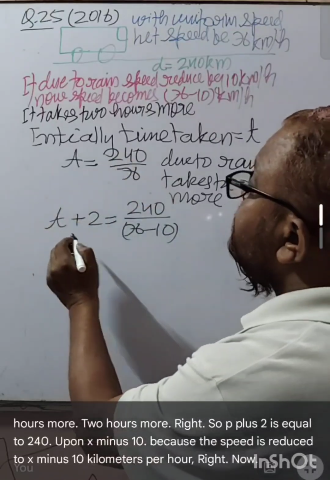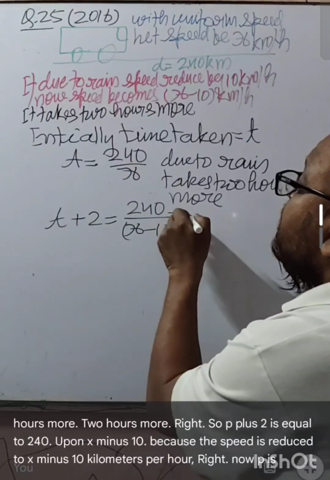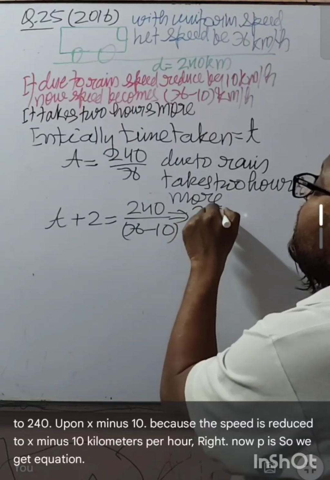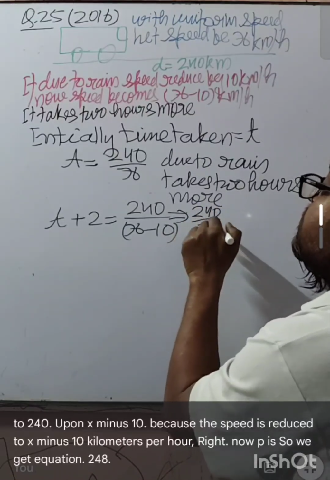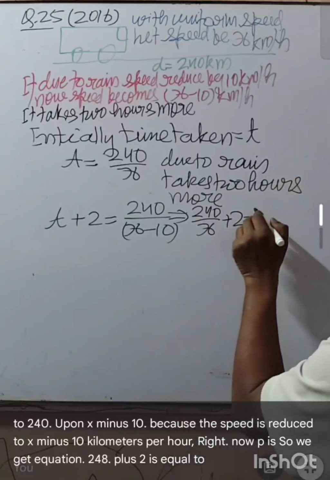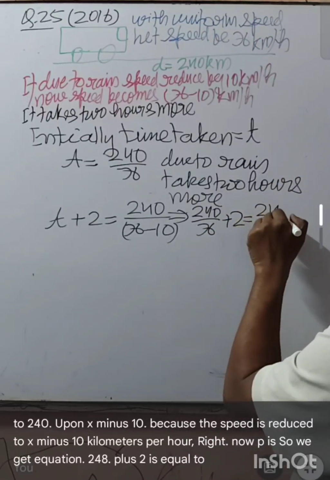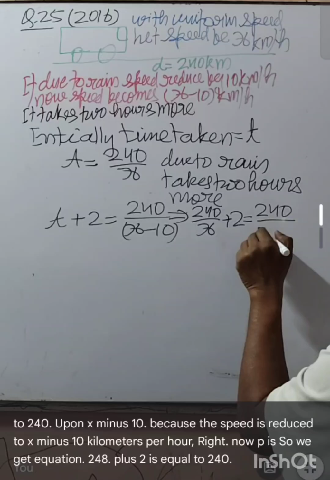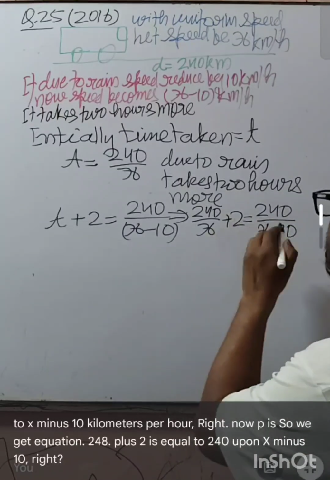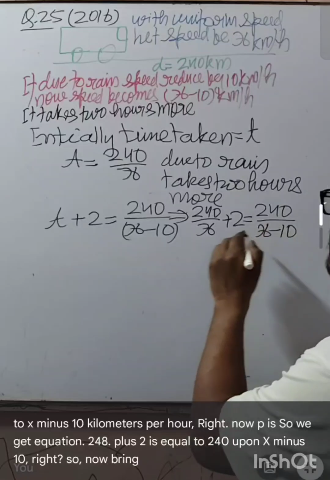Now we get an equation: 240 upon x plus 2 is equal to 240 upon x minus 10, right? So now bring this on this side.